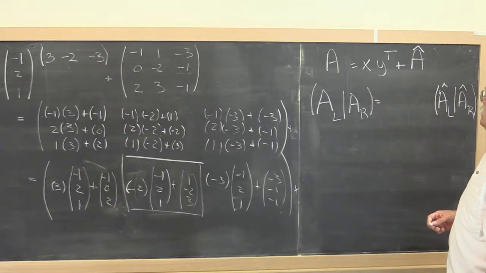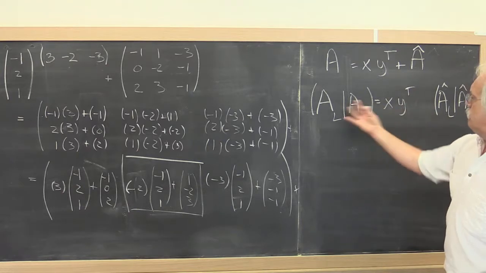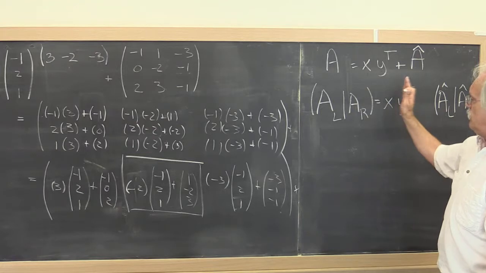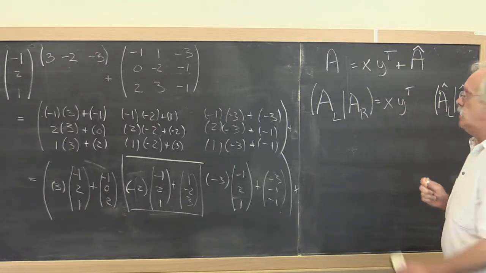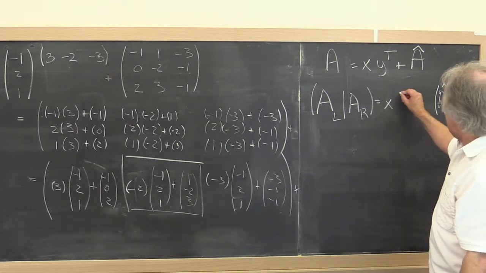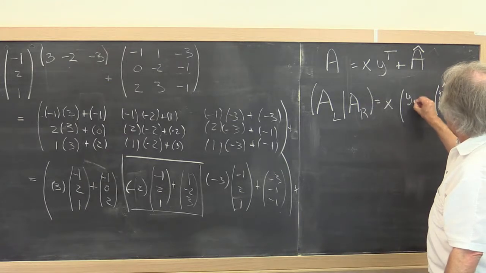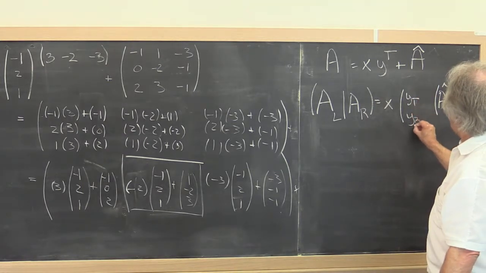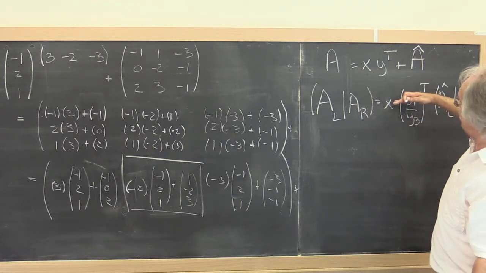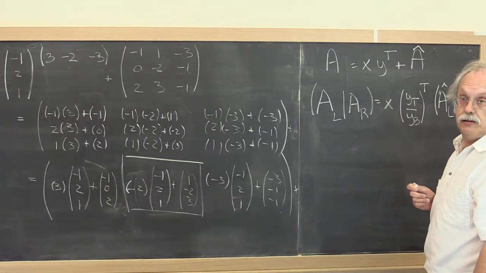And what do we now need to do with x? Well, if we do x y transpose, we can't add them to pieces here. We want to somehow take this and partition it by columns as well. And the way you achieve that is to say, let's do x times the vector y split up into a top part and a bottom part. Why? Because then when you transpose that, it ends up being split into a left part and a right part.